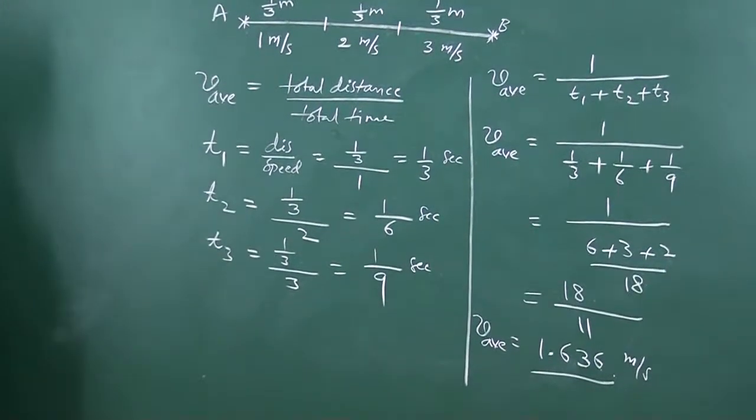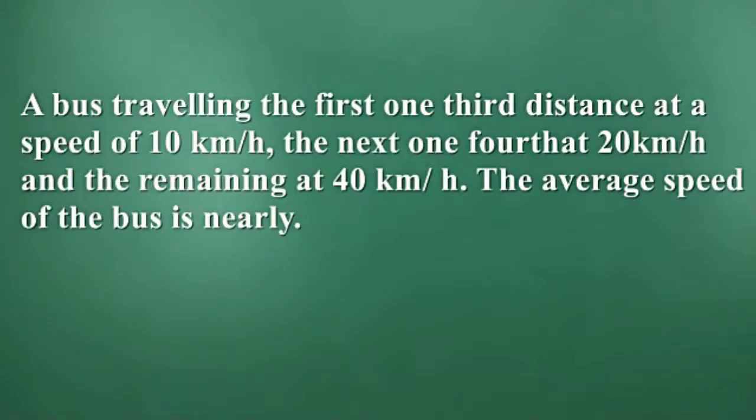Okay, another problem. A bus travels the first 1/3 distance with a speed of 10 kmph, the next 1/4 with a speed of 20 kmph, and the remaining with a speed of 40 kmph. Find the average speed of the bus.